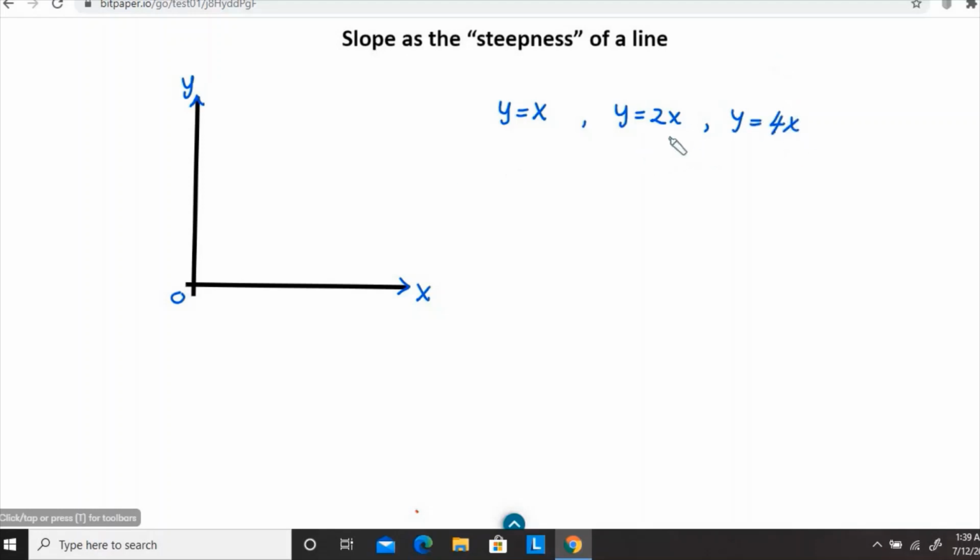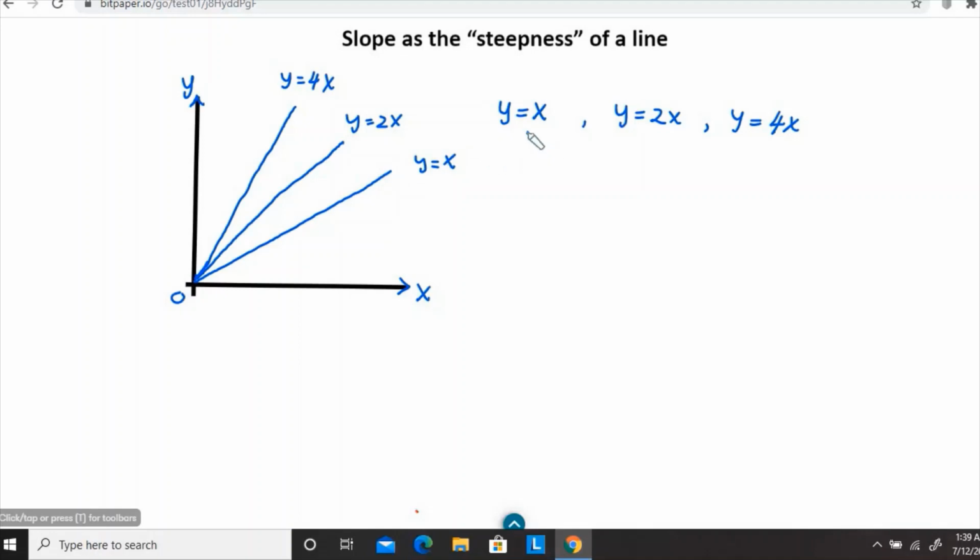So if I plot these three lines on this xy coordinate system, I'll have y equals x like that, and then y equals 2x like that, and then y equals 4x like that.